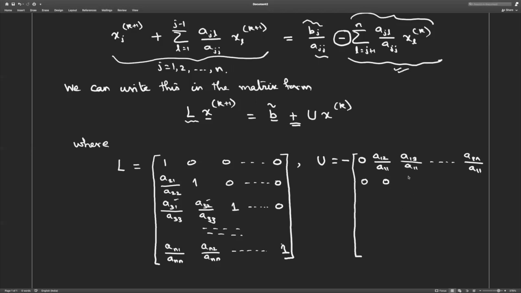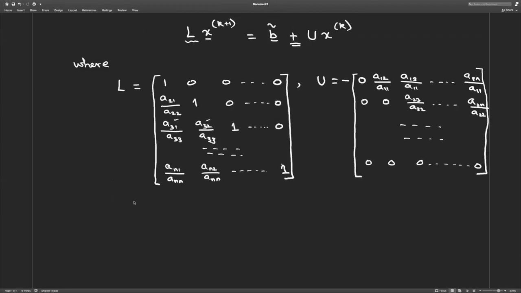So they will sit here, A23 by A22 and so on till A2n divided by A22. And it goes on like this. And at the last equation, nobody survives on the right hand side because everybody, including the diagonal element, which is always there on the left hand side, has gone to the left hand side. Therefore, that part will be 0.